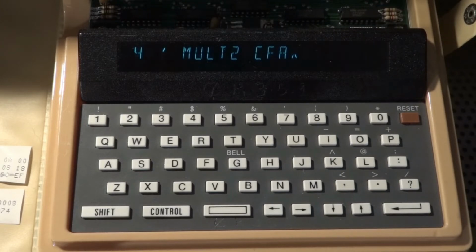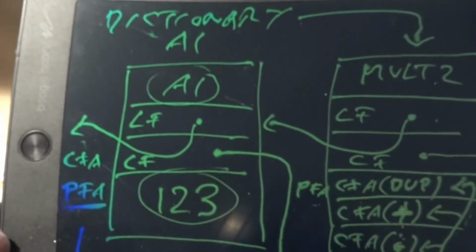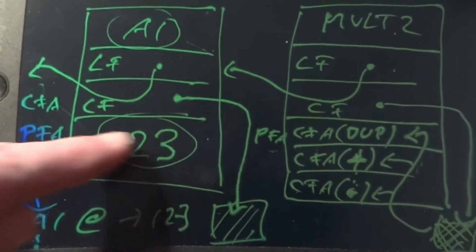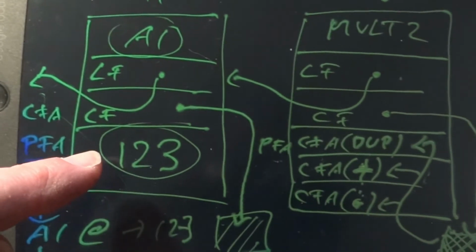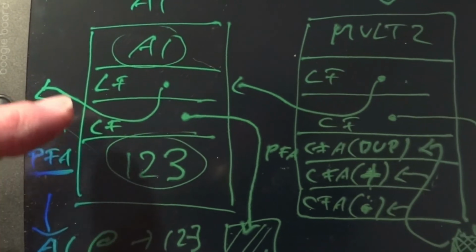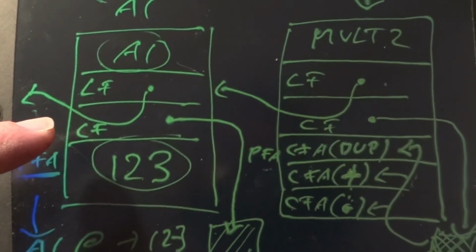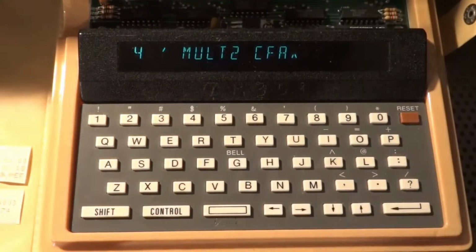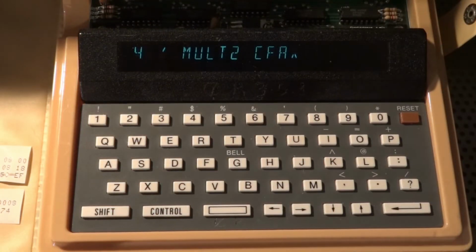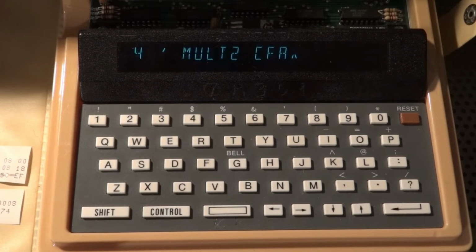If you remember the drawings of the structure of the words, you see that this is the PFA, the first cell, and because it's 16-bit addresses, if you go up by 2, you get to the CFA. And this is all that CFA does. It's basically subtract 2 from the 16-bit value.